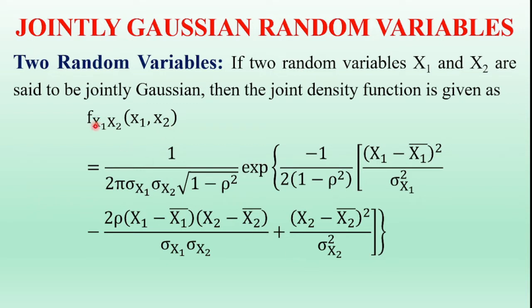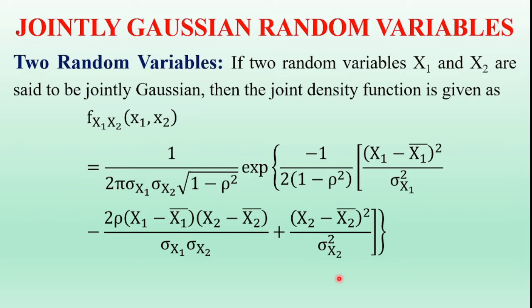So the joint probability density function f_X1X2(x1, x2) is equal to 1 divided by 2 pi sigma_x1 sigma_x2 square root of 1 minus rho square, into exponential of minus 1 by 2 into (1 minus rho square), into [(x1 minus x1 bar) whole square divided by sigma_x1 square, minus 2 rho (x1 minus x1 bar)(x2 minus x2 bar) divided by sigma_x1 sigma_x2, plus (x2 minus x2 bar) whole square divided by sigma_x2 square].